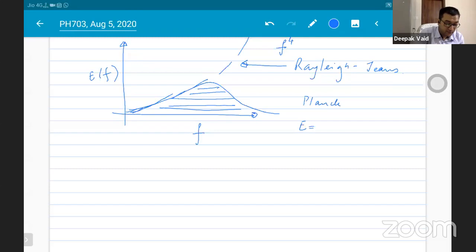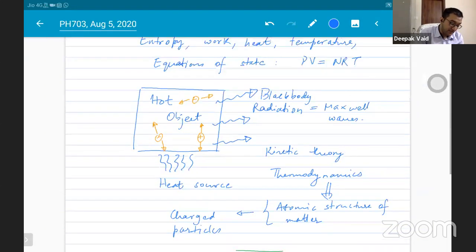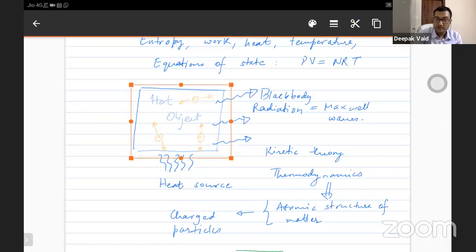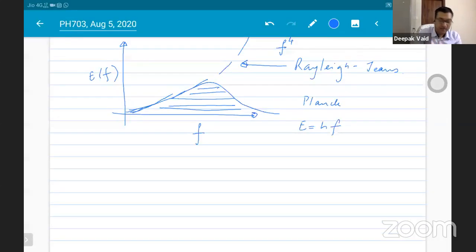And Planck came up with a certain hypothesis where he said that, if you look at all the light that is being released by these oscillating charged particles, and you make the assumption that this light can only come in small packets, and each packet has an energy which is given by this relationship, then in the Rayleigh-Jeans equation you have to make some modification, and that modification gives you the correct black body distribution.